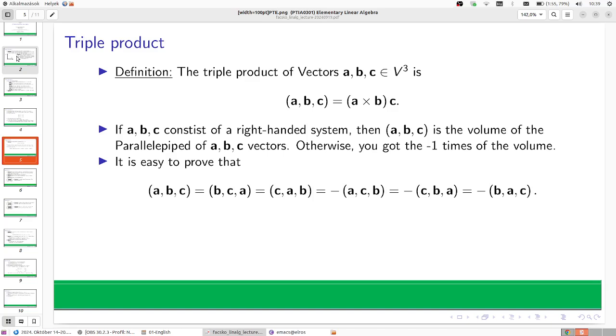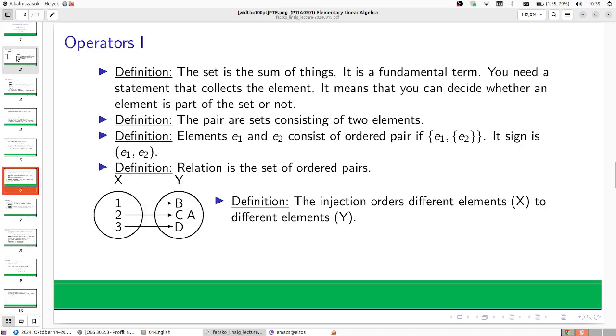And remember, for these equations, in this order, you always get the same number.